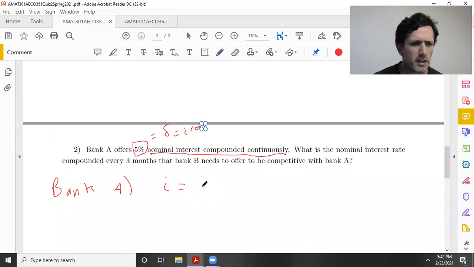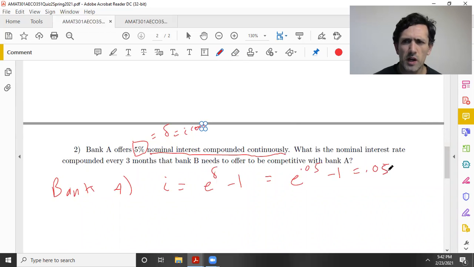Right, so I is given by the formula e to the delta minus 1. So it's e to the 0.05 minus 1, which is 0.05127. Some people did it a different way, that's fine.